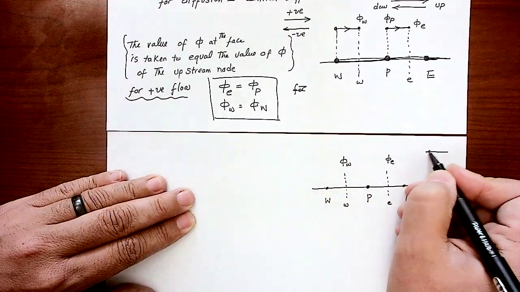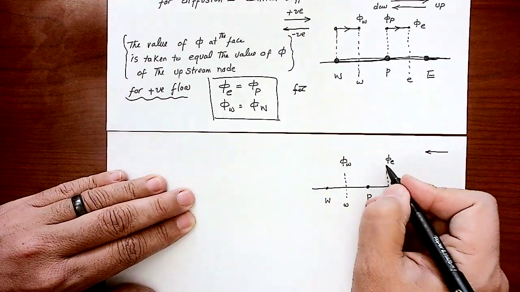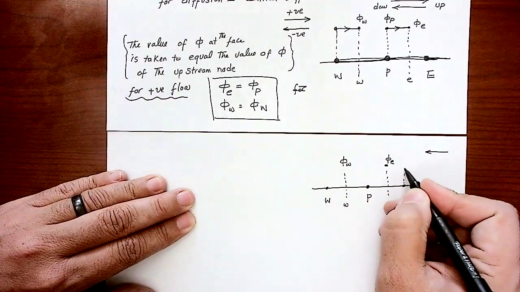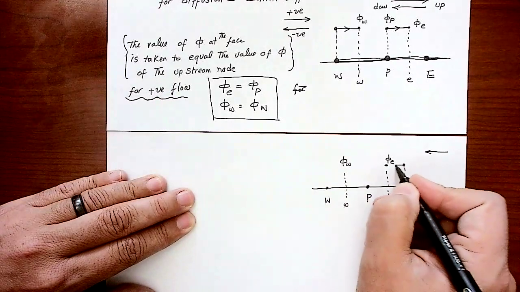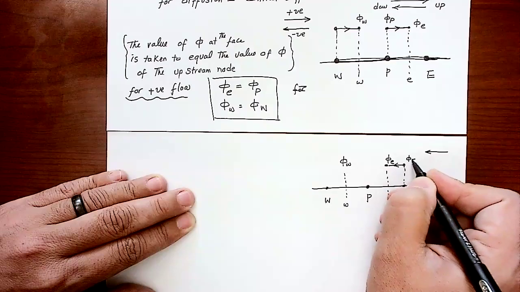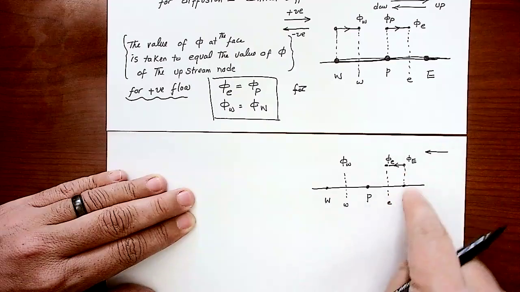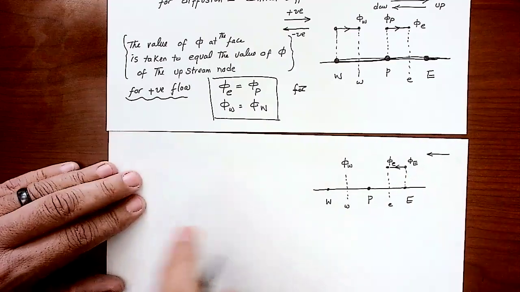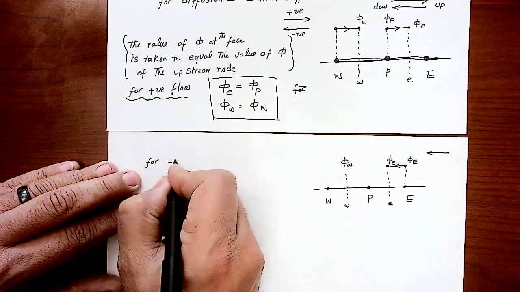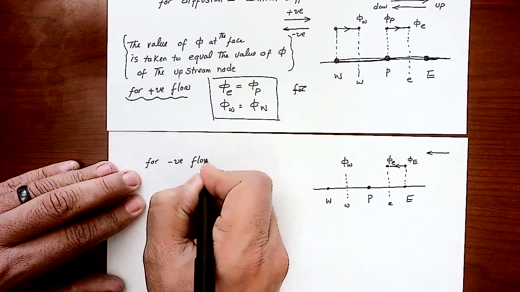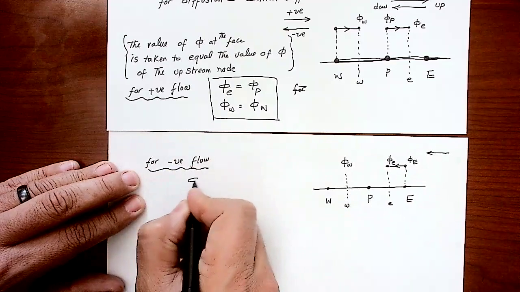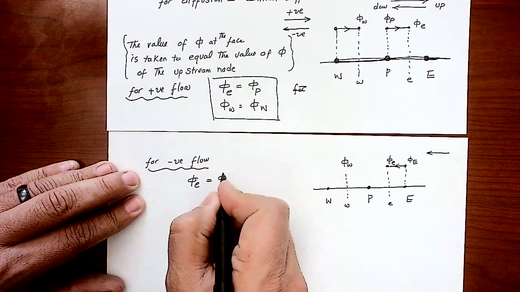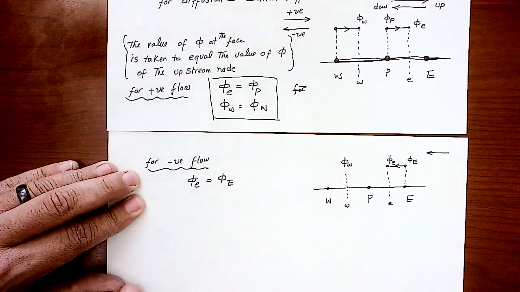And the flow is coming this way, right? If the flow is coming this way, the node E is the upstream node for the east face. So for negative flow, in this case, phi east will equal phi E capital.